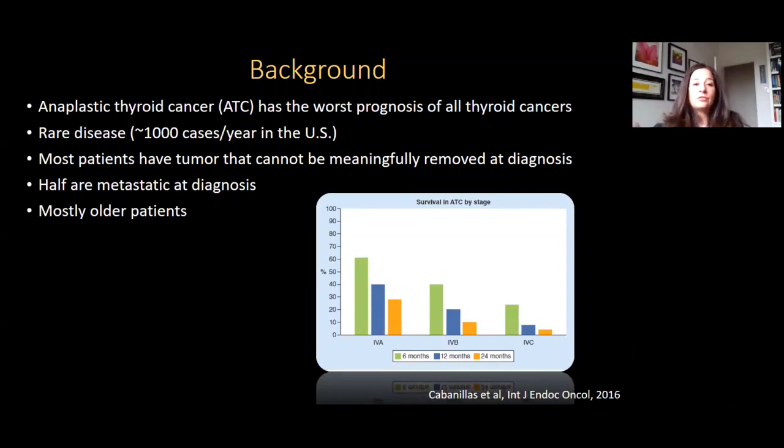Metastatic means that it's left the thyroid and it's now in other organs. And most patients are older. They usually have problems that come with age, such as cardiac problems. So it's a very difficult tumor because they're usually quite advanced, you can't take them out, they're rare, and they're in older patients who tend to have lots of other problems, like previous cancers, for example.